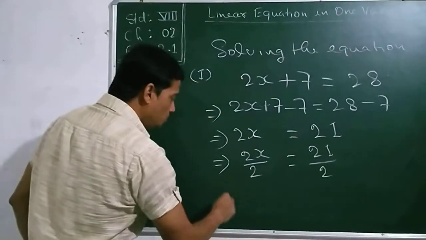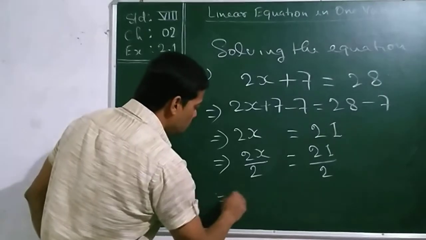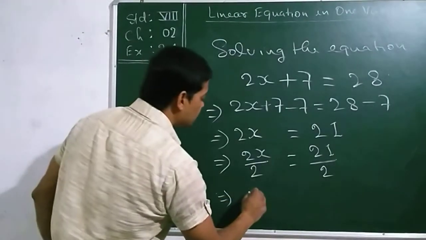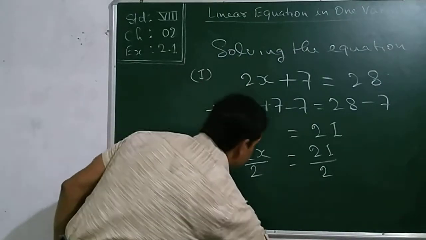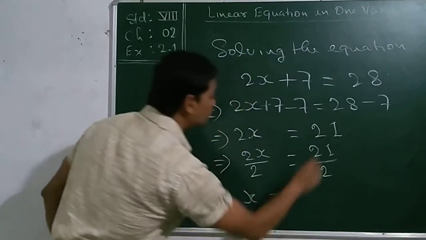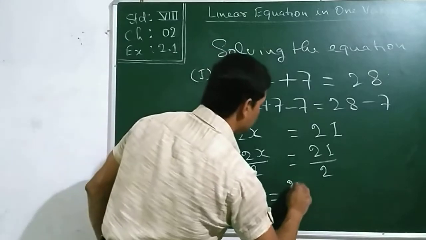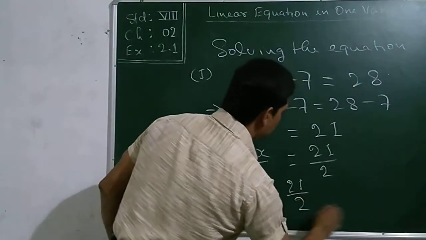Now this 2 is removed and the term is x. So we can write here x equal to 21 by 2.